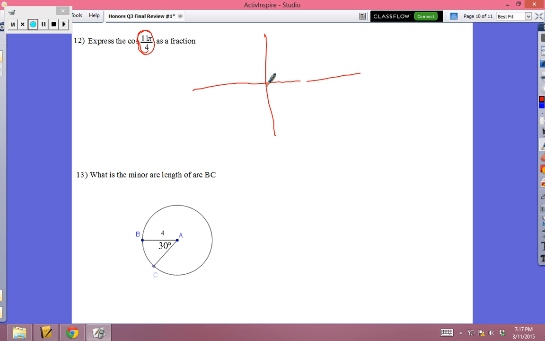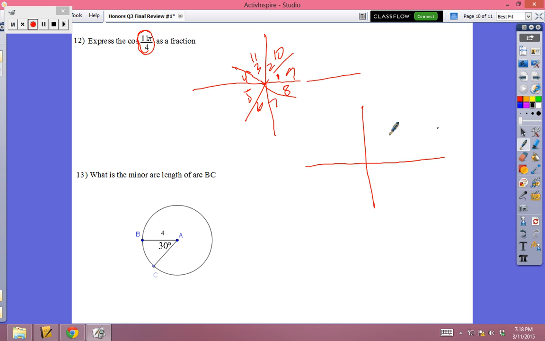If I divide all these into 45s right here, this is 1/4, 2/4, 3/4, 4/4, 5/4, 6/4, 7/4, 8/4, 9/4, 10/4, 11/4. So my angle is going to go around once, and it is going to stop in quadrant 2 right here.